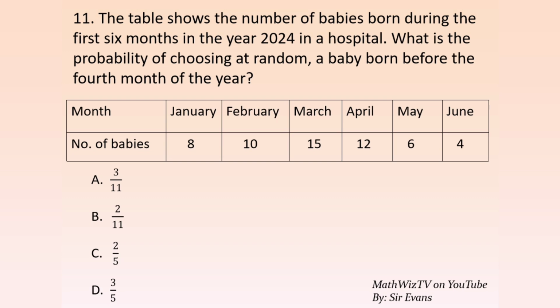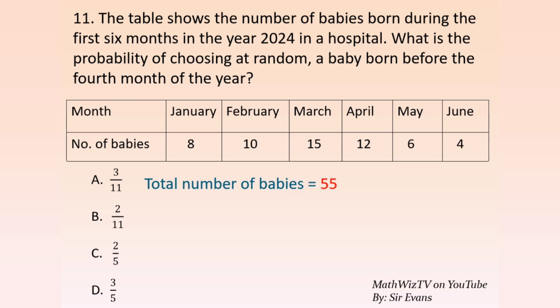To find the probability, you know that probability is just event over sample space. You just have to find the total number of babies. For each month we have the number of babies born, so all we do is add these numbers together, and we get 55, which is the total number of babies born in the 6 months.